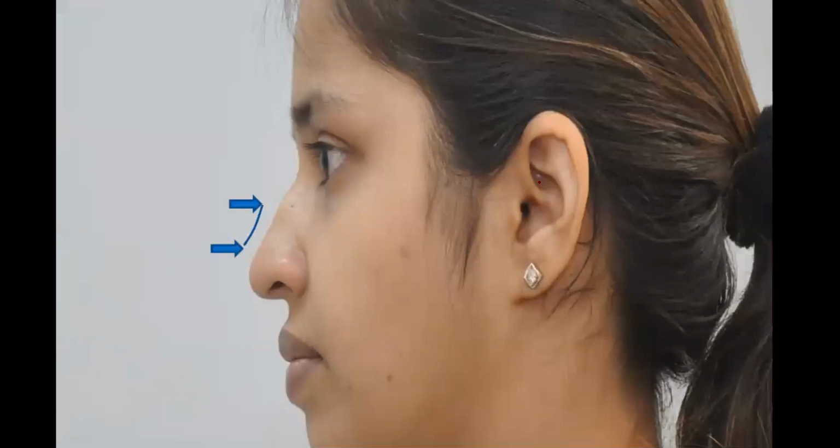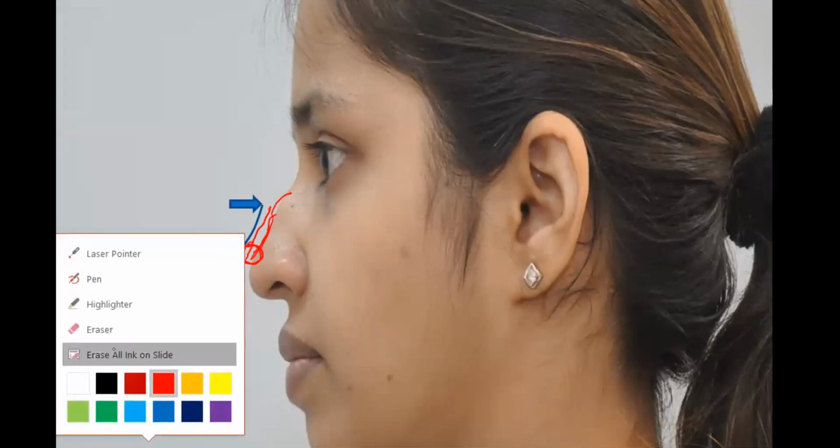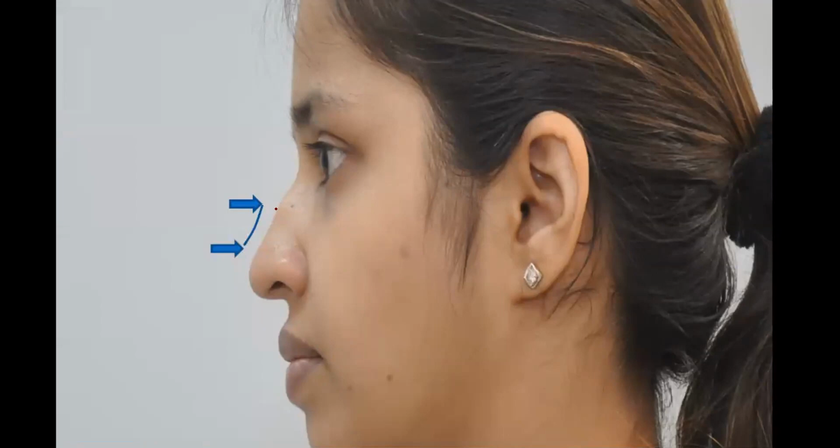Now, this area is called the mid dorsum and this area is called the supratip. If you can see, there is a mild shallow here, or rather a hollow here, and there is a hump-like deformity here. This can actually be a pseudo hump because if you look at this point here, if you elevate this point, or rather project this nose, this hump almost vanishes.